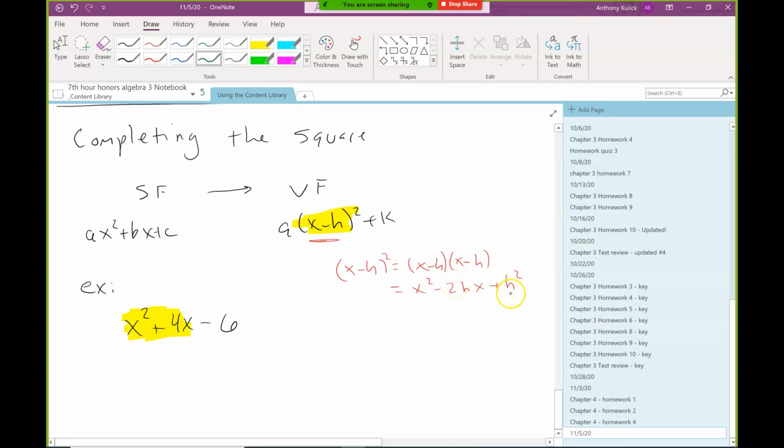So what I need to do is figure out what this number should be based on what I have here. So in our problem, our 4 is basically the 2hx. Or I'm sorry, is the 2h. And we have to figure out what h squared is. So I have to take 4, and I have to divide it by 2. That turns it into h. And then square it. That'll give me h squared.